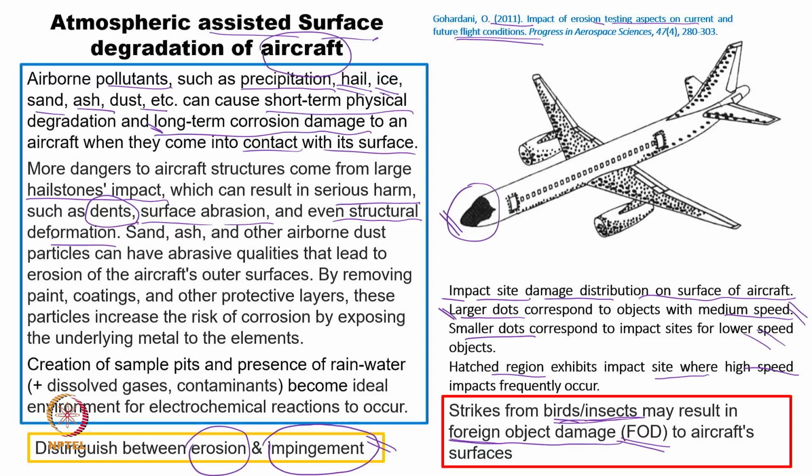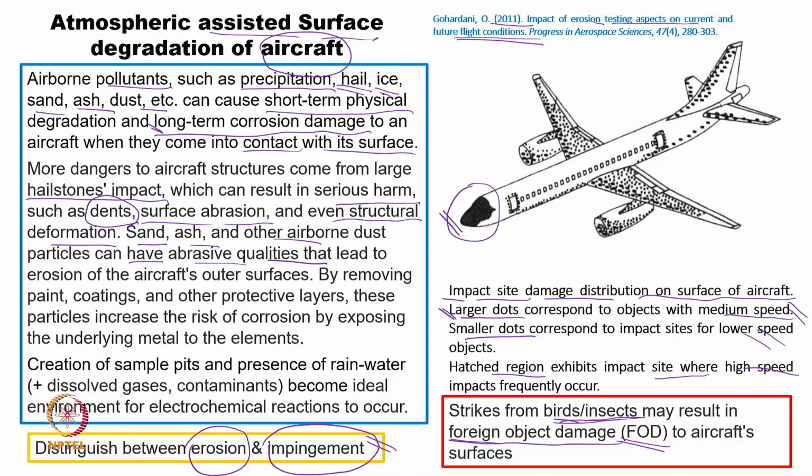While these are more harmful, sand, ash and other airborne dust also have high hardness. As one of our lectures mentioned, sand has very high hardness, even much higher than the steel surface. Naturally, that will cause abrasion.